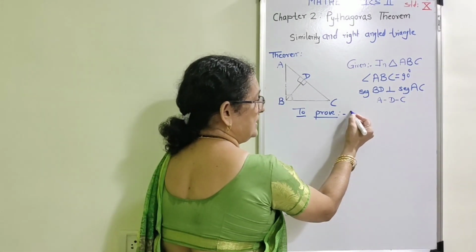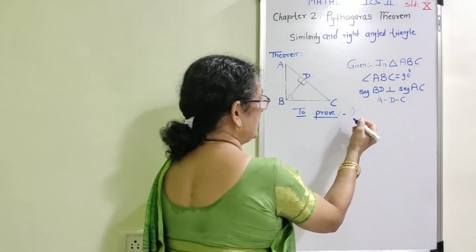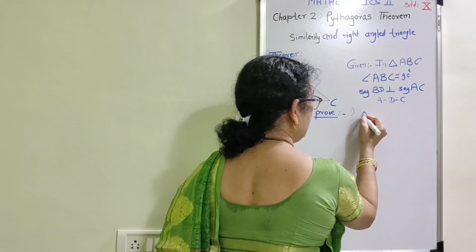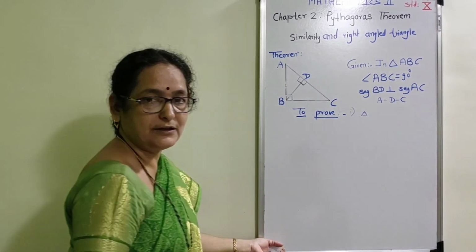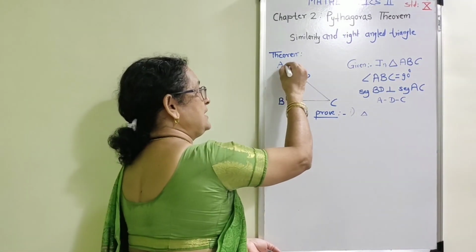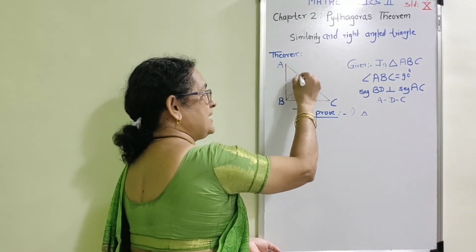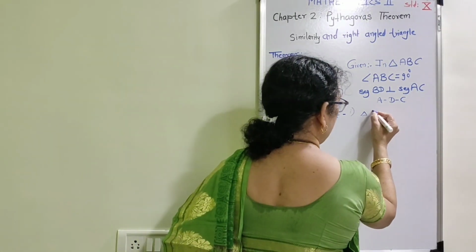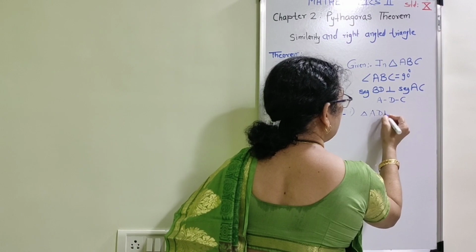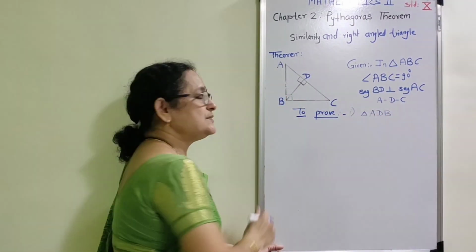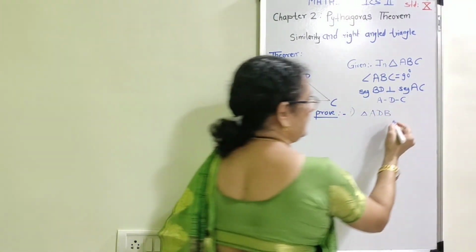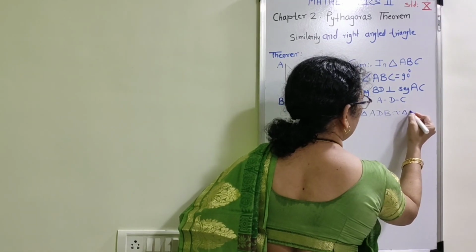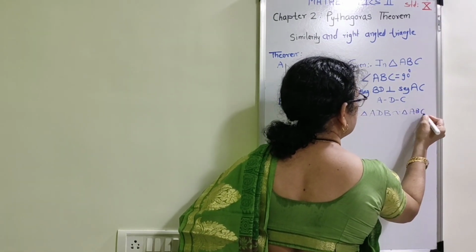Now there are three steps. Here you are going to prove that triangle... Now how to write a one-to-one correspondence, I will show you. Start from this point A. ADB is the first smaller triangle. A, D and B is the first smaller triangle. This triangle is similar to triangle ABC.